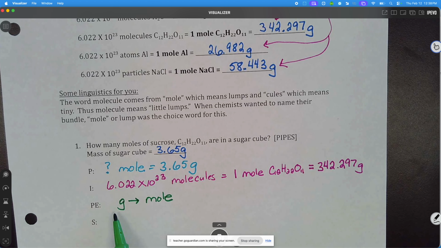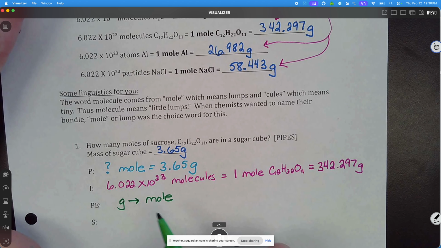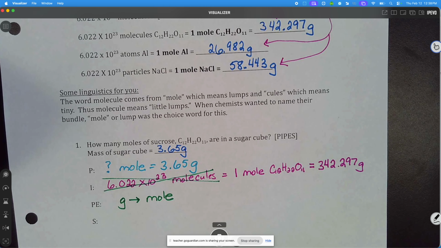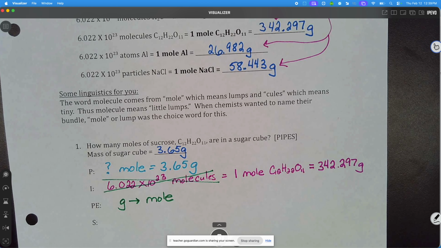If I need to go grams to moles, the unnecessary piece is the 6.022 times 10 to the 23rd molecules. Now you're probably thinking, why would she make me write the whole entire thing if I'm not going to use the whole entire thing? Because 28 years of teaching chemistry tells me that if I don't make people write the whole entire thing, people start slinging numbers around randomly and things go bad very quickly.